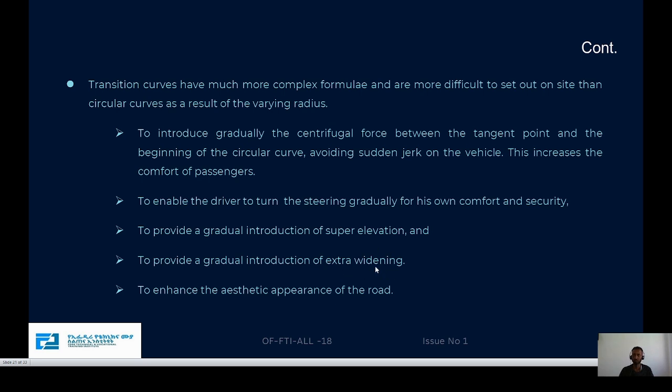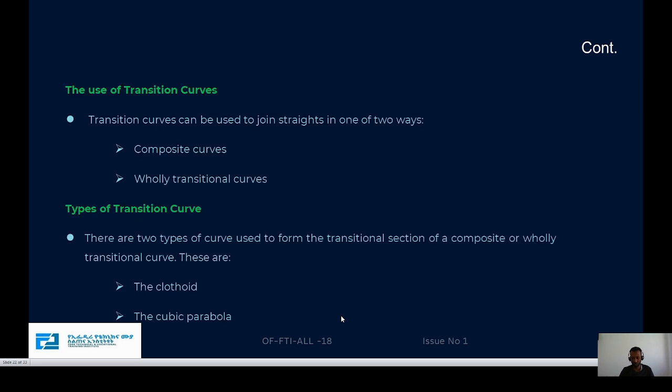Extra widening is provided on the inner curve, mostly for large trucks, because the inner wheels do not follow the front wheels directly, so some of the inner wheels would be out of the curve. Transition curves also improve the aesthetic appearance of roads.